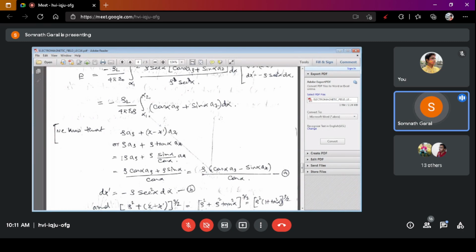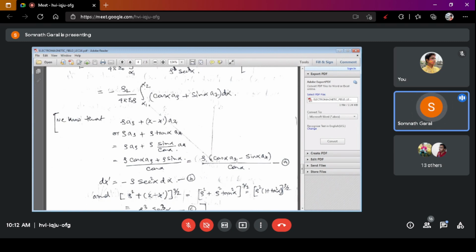So after multiplying this equation by cos alpha, this will be rho cos alpha a rho plus rho sin alpha by cos alpha. So the equation will be: rho a rho plus (z minus z dot) az will be replaced by (rho cos alpha a rho minus sin alpha az) divided by cos alpha.